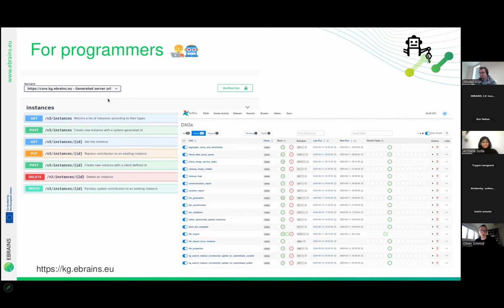I was talking about the SDKs that we have for Python, Java, and TypeScript. So if you're developing in one of those languages, you have some libraries that you can integrate that simplify both the access to the APIs as well as the authorization mechanism. We also have an automation in place based on Airflow for registering the various automation parts.